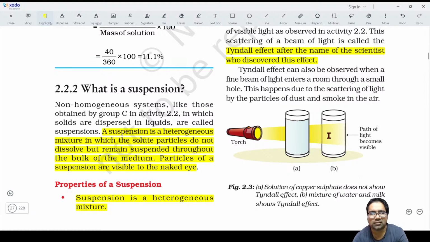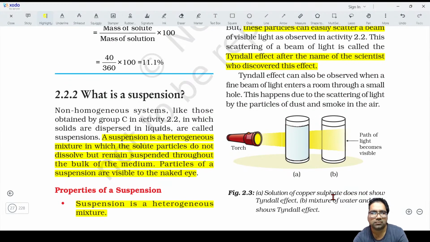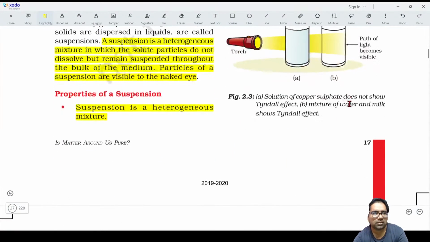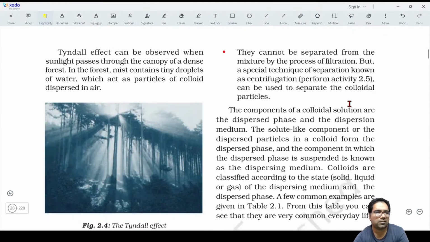Copper sulfate solution cannot show it, but water and milk will show the scattering of light. That is the Tyndall effect.